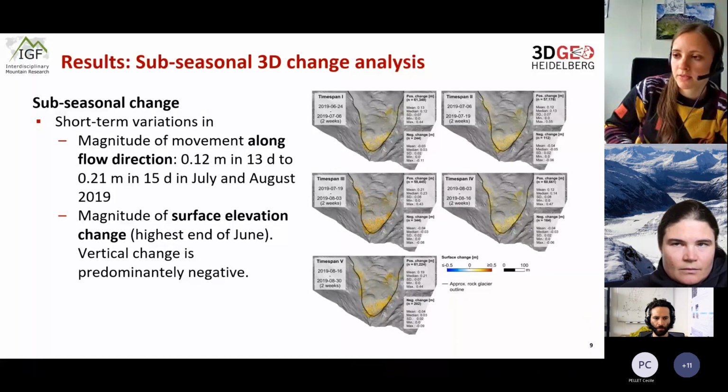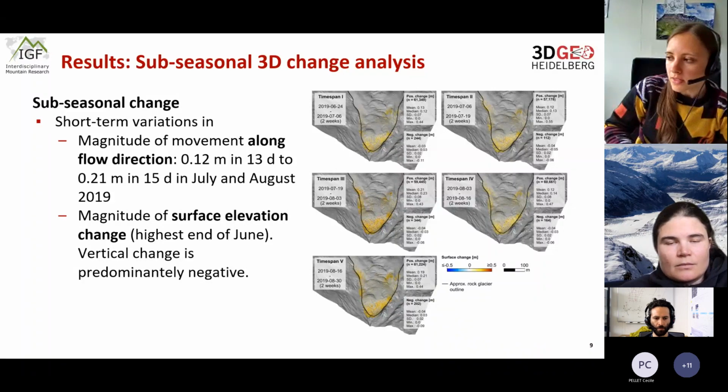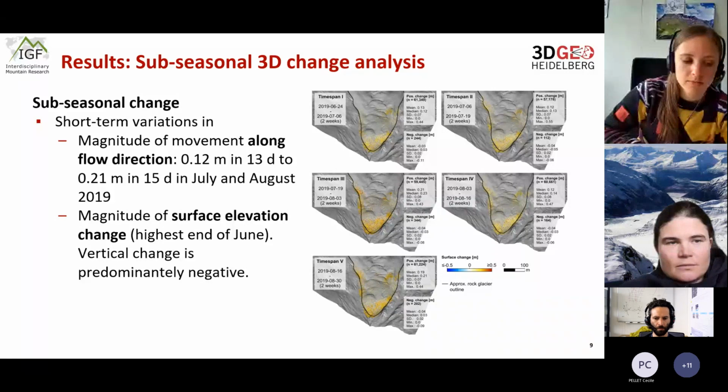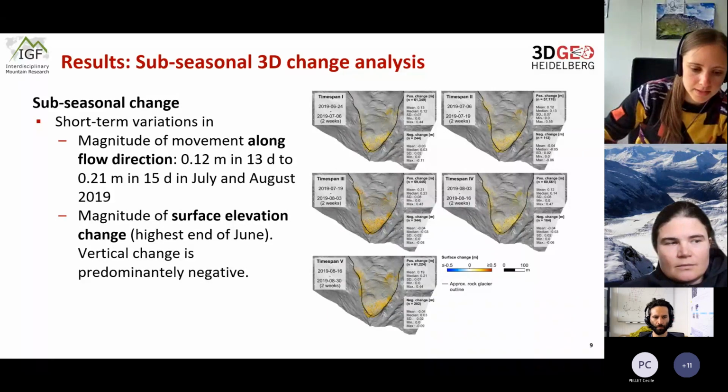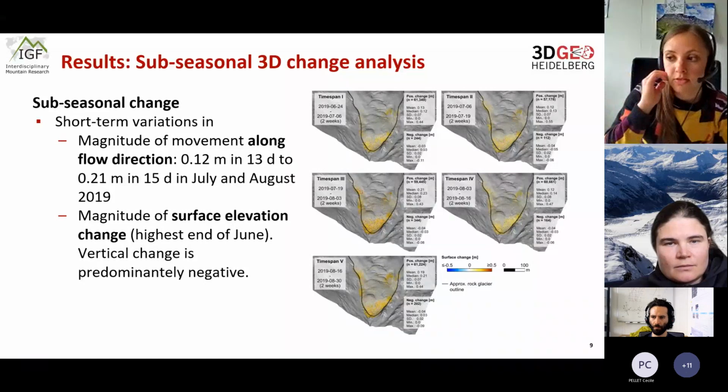We also had variations in the surface elevation change, which was predominantly negative in our case, with magnitudes between 19 centimeters and I think 29 centimeters. It was interesting to see that there are variations at this short term, and it's interesting to take a look at this in more detail in the future.